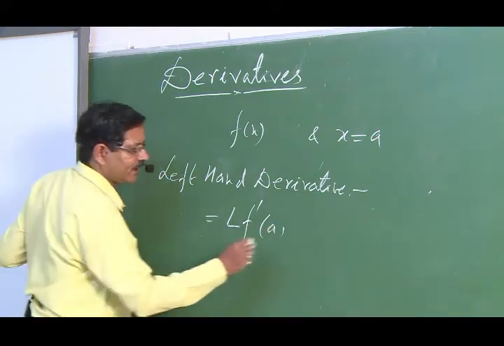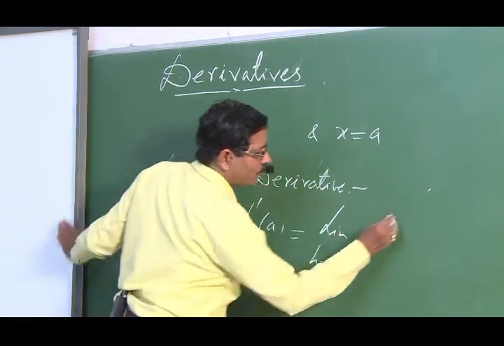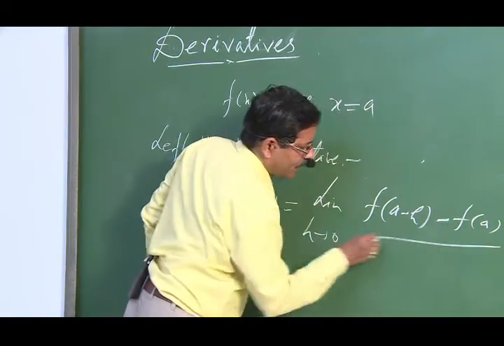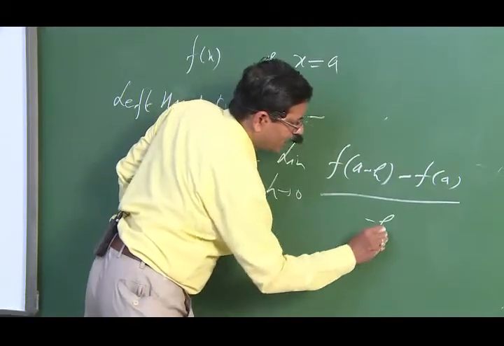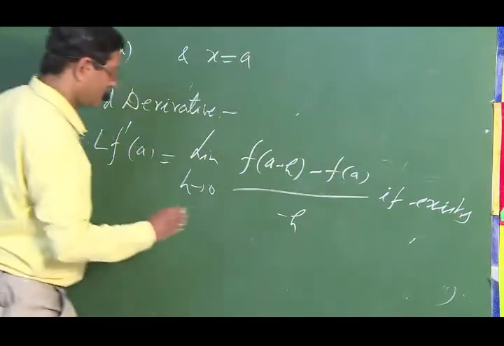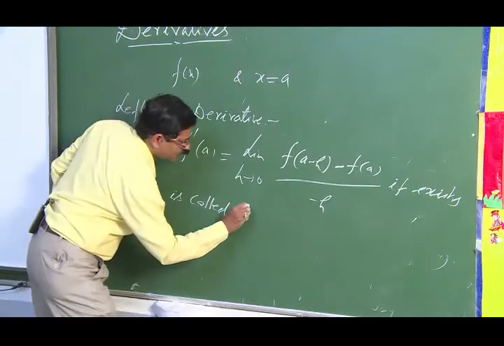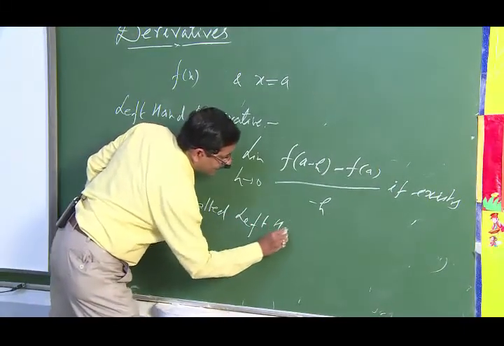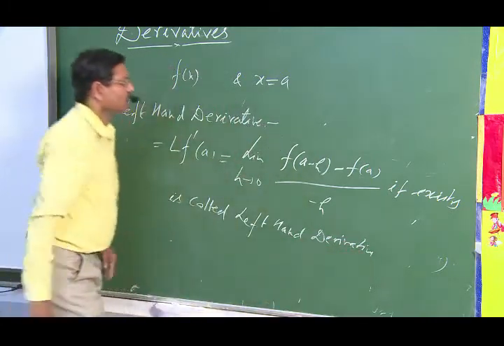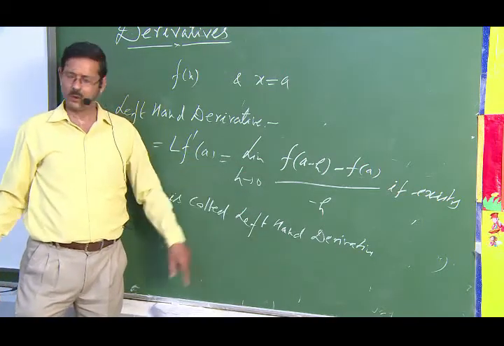Lf'(a) is defined as limit h tending to 0 of f(a - h) - f(a) upon -h, if it exists, and is called the left hand derivative. Okay. Now this expression is called the left hand derivative at point x = a.